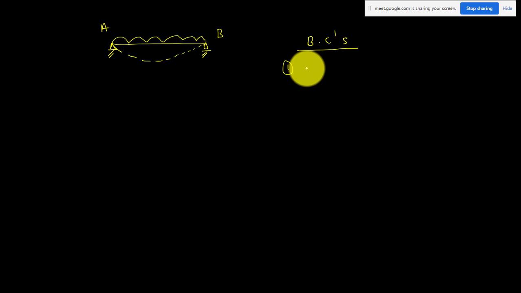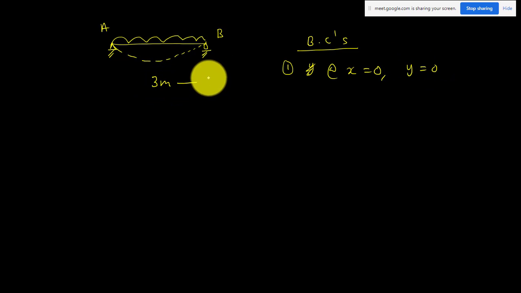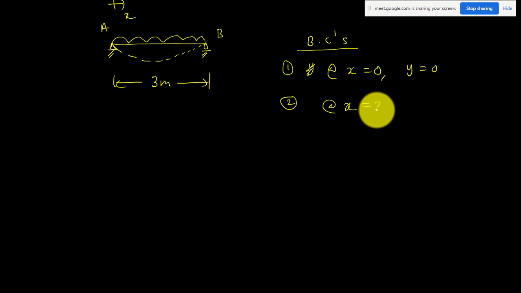So at x equal to 0, y is 0, you know already. This span I am taking as 3 meter. I am measuring x from here, with reference point A. Second boundary condition: at x equal to 3 meter, y is 0.